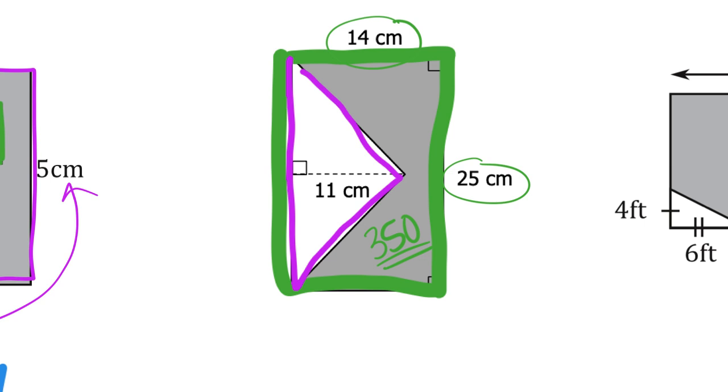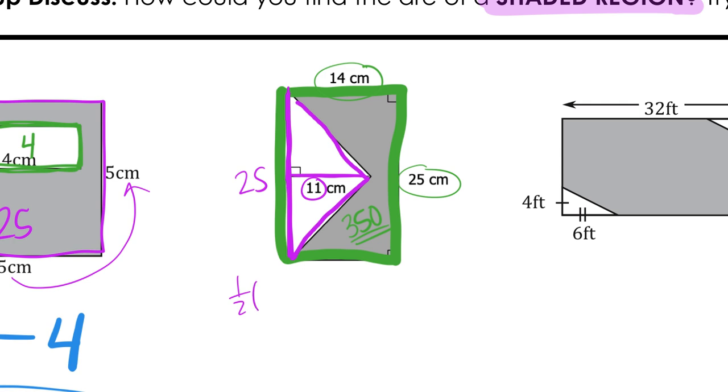And then the little triangle would be 1/2 base times height. So the base would be this side over here, which we know is 25 because it's the same as this side over here. And then the height is this 11, they're perpendicular. So it would be 1/2 of 11 times 25.